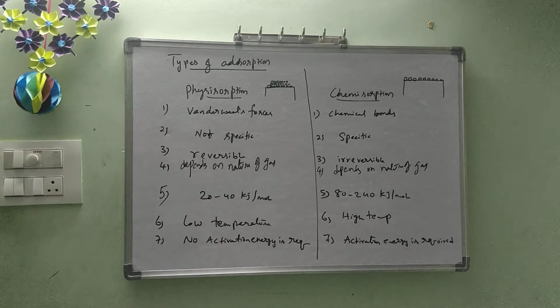Fourth point, depends on nature of gas. Easily liquefiable gas can be adsorbed easily. For chemisorption it is also the same, depends on nature of gas. The gas which undergoes reaction with the adsorbent will be adsorbed onto the surface easily.